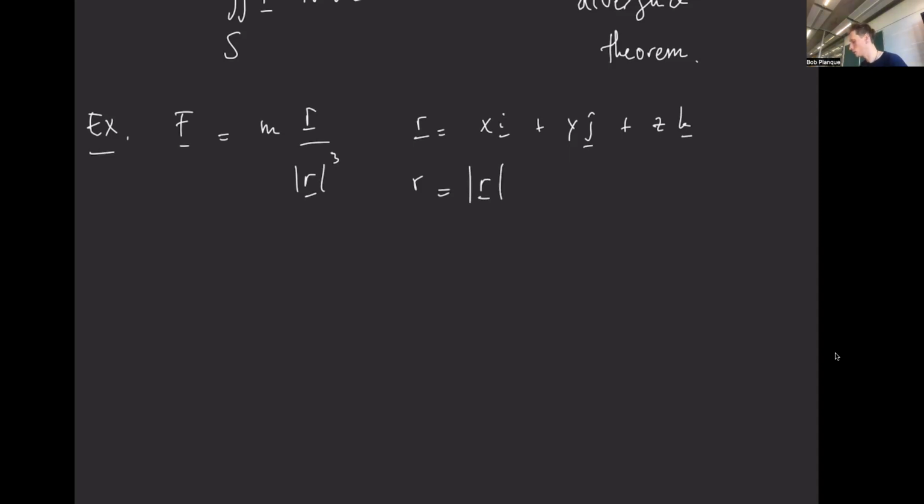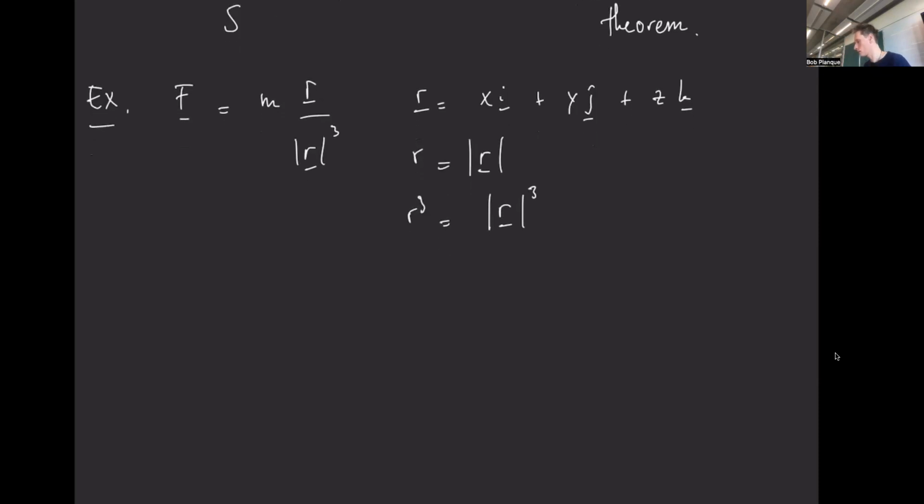So r cubed is the length of R cubed, and that makes my writing a little easier. So r squared without the subscript is equal to the length of the vector squared, which is just the sum of squares of all these components.